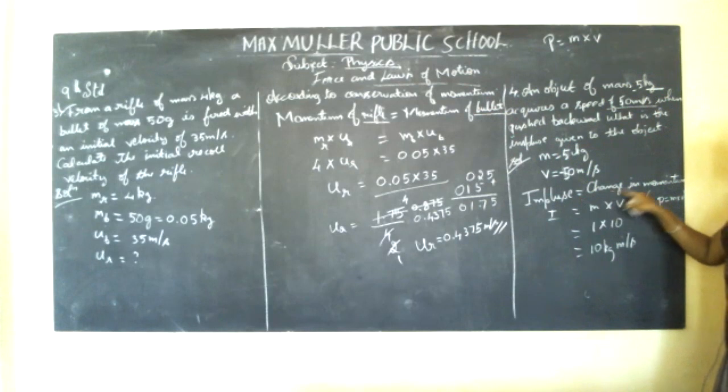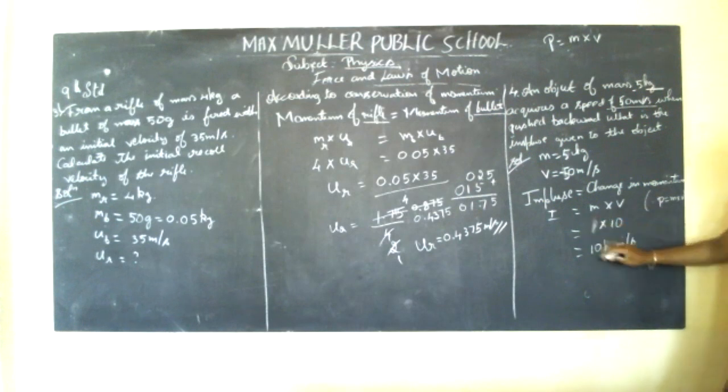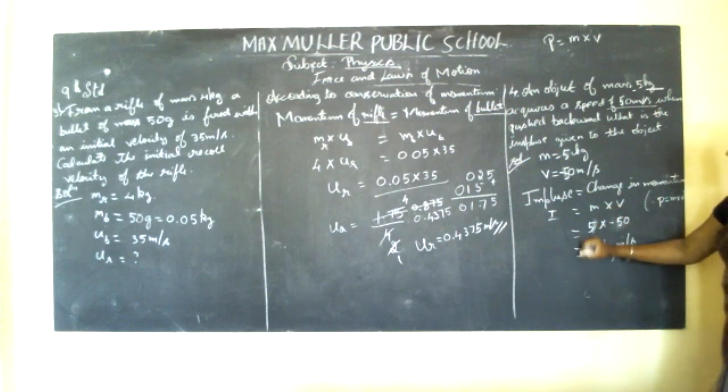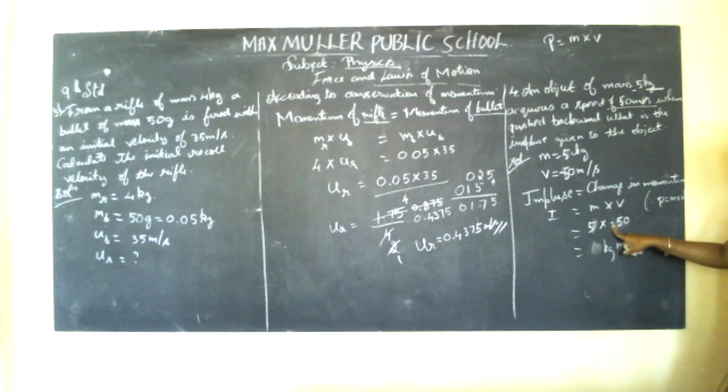Impulse is change in momentum. What is momentum? Momentum is mass into velocity. So my momentum will be 5 into minus 50. Plus into minus is minus. 5 5s are 25, 5 zeros are 0.